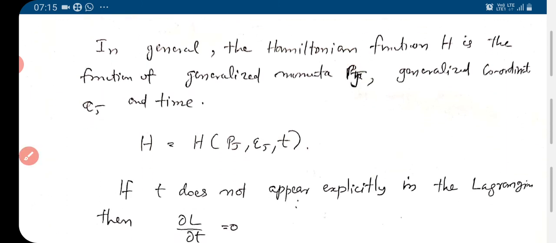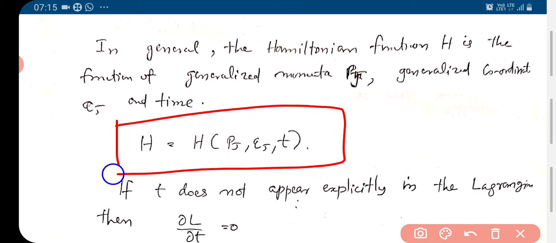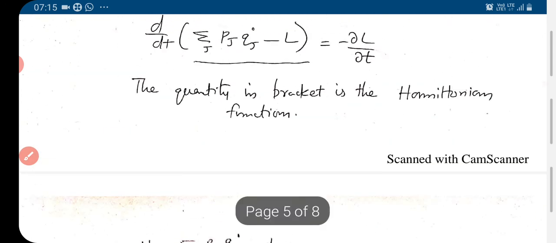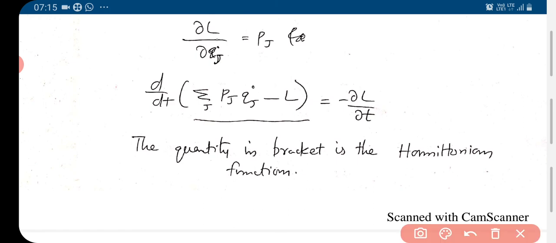So H is a function of pj, qj, and t. And if t does not appear explicitly in the Lagrangian, then ∂L/∂t is 0. If the Lagrangian does not explicitly contain time, this will be 0.